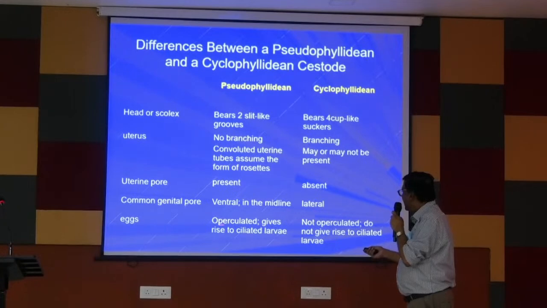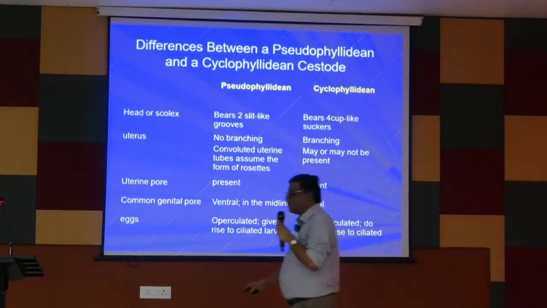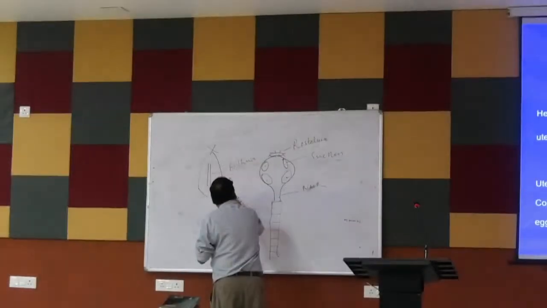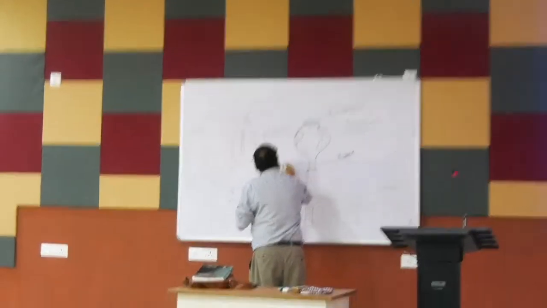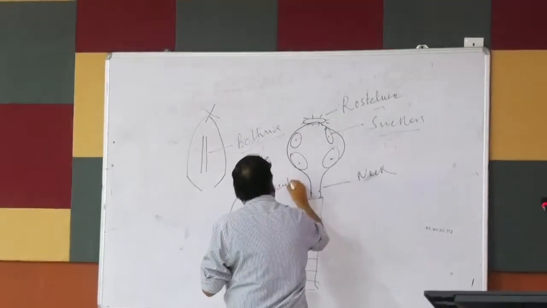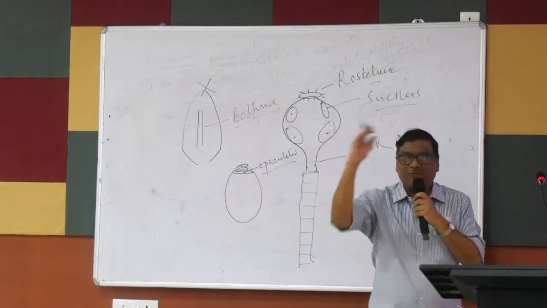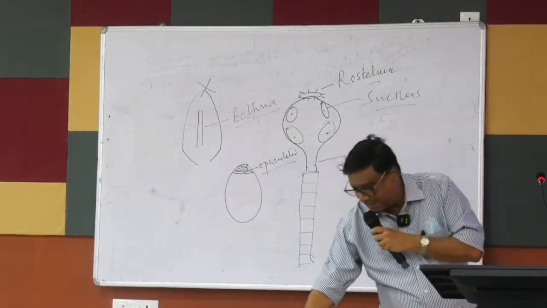And eggs: operculated eggs. Operculated means with a cover. This is known as operculum. A cover is there, so operculated eggs.